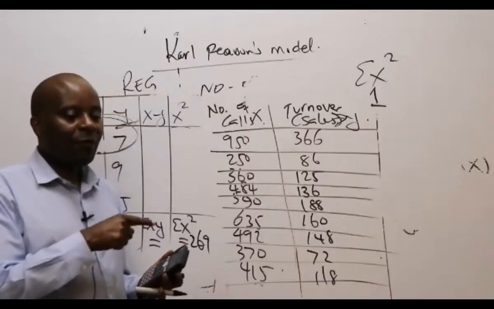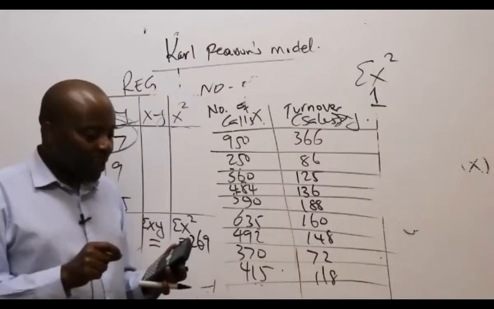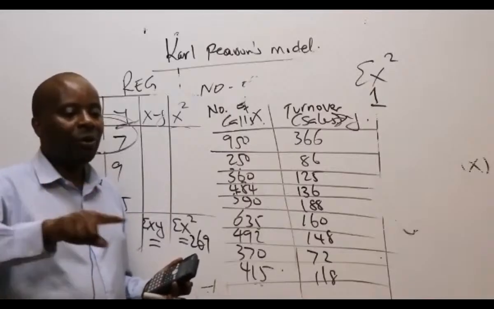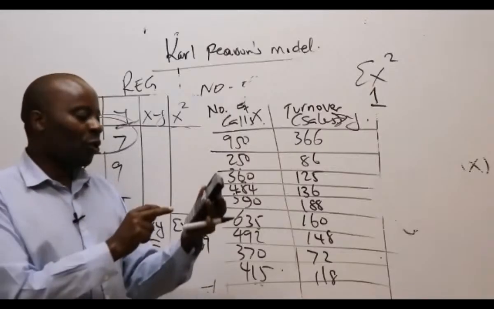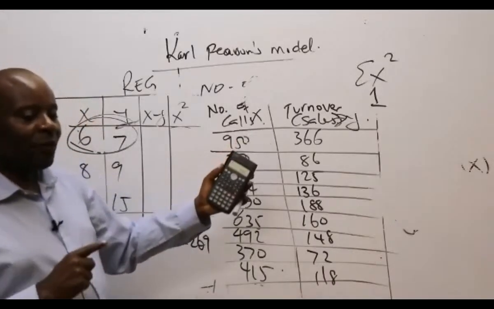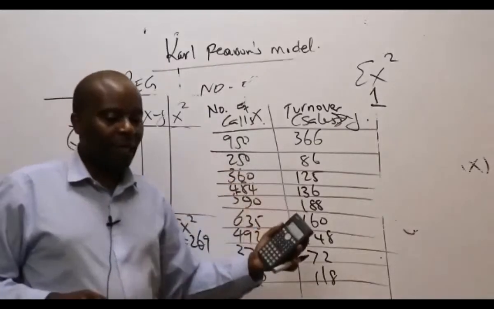So once I press shift 1, I'm able to see summation of x squared, summation of x and n. I'm interested in summation of x. Beneath the summation of x, I'm able to see number 2. So what I'm supposed to do is to press 2, and then summation of x is left alone on my screen. When it's left alone like that, I need to say equals to evaluate it.